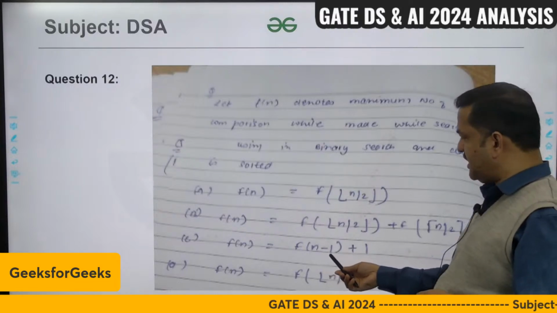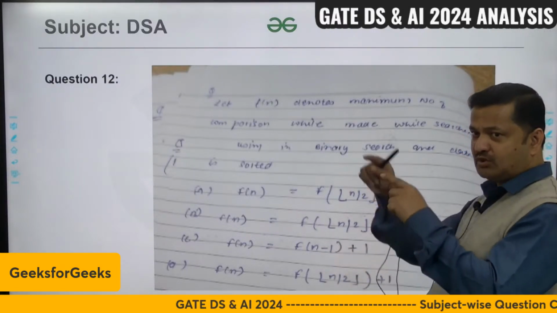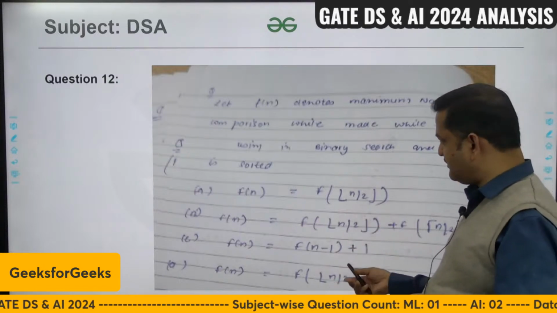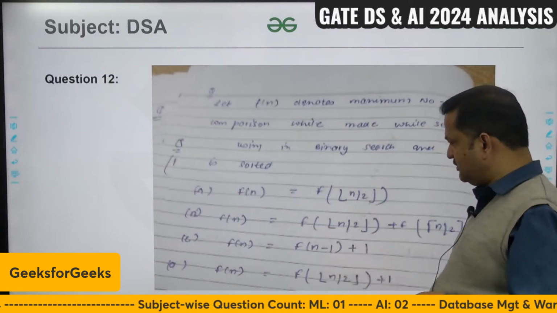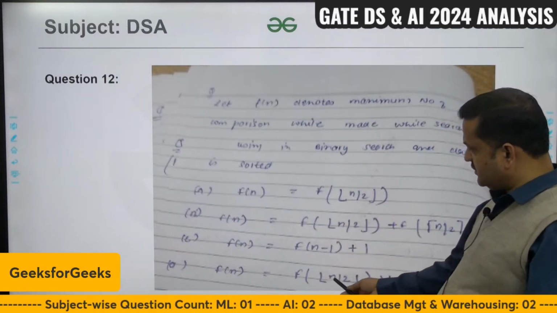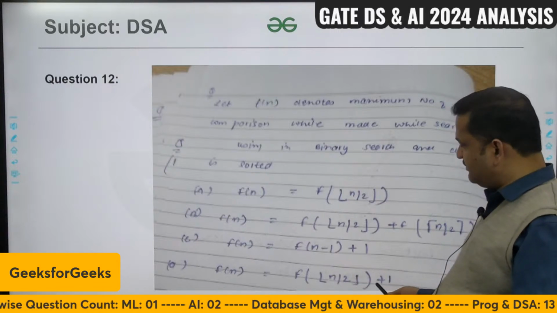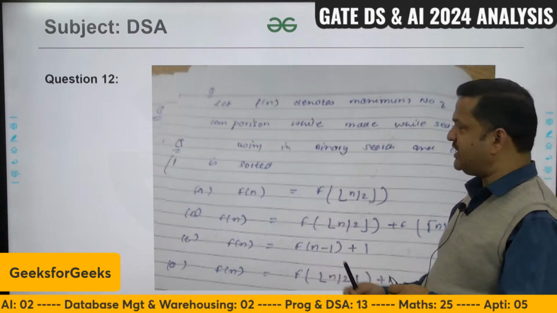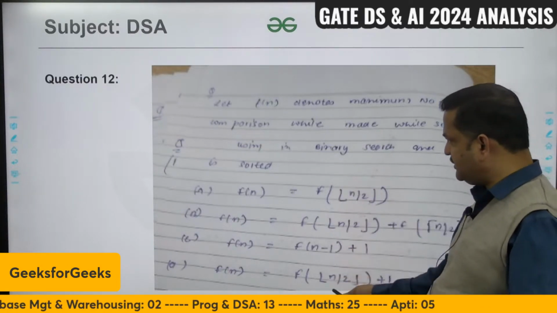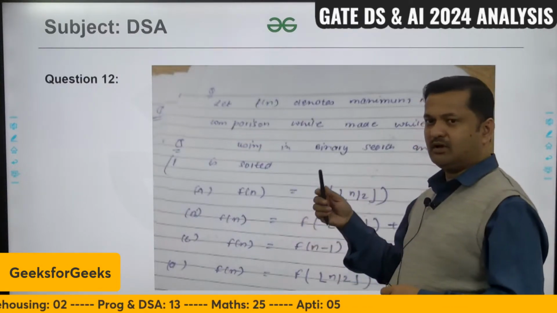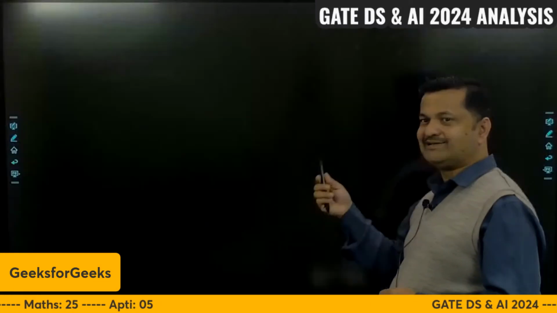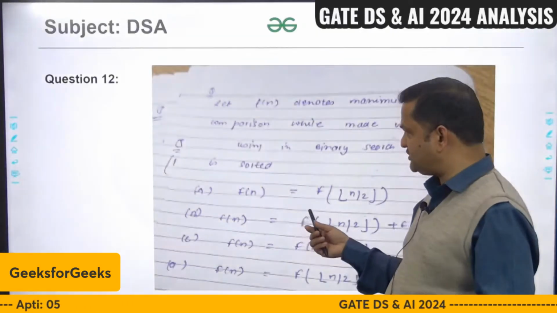The third option is n minus 1 plus 1, that means total number of elements minus 1 and then one additional comparison. So this is not going to be the correct option. Then the next is floor value of n by 2 plus 1, that means half plus an additional comparison. Looking at all three options, my submission is that only half or lesser comparisons are possible.